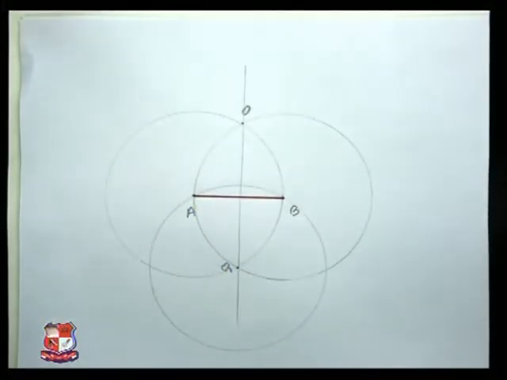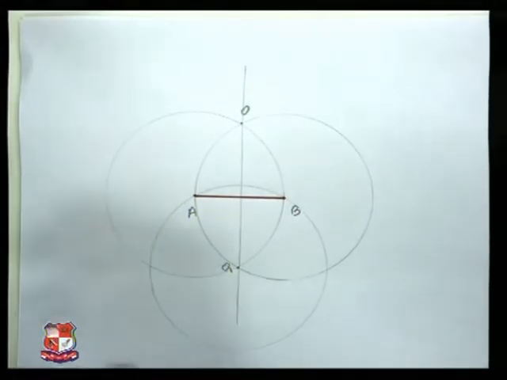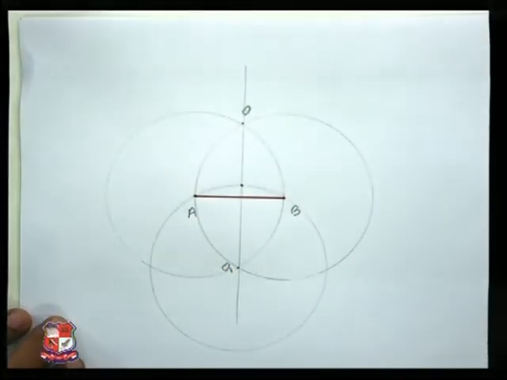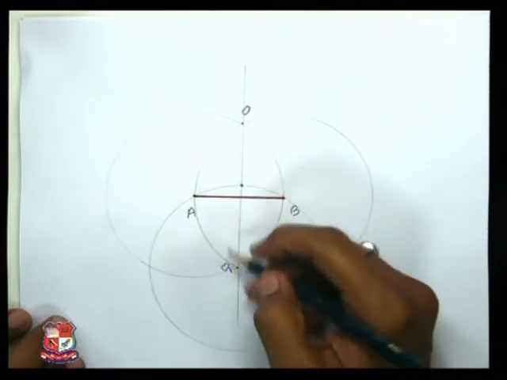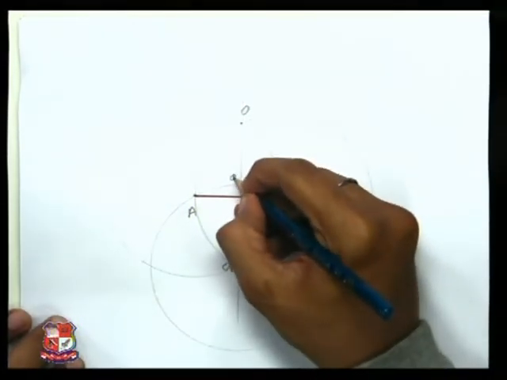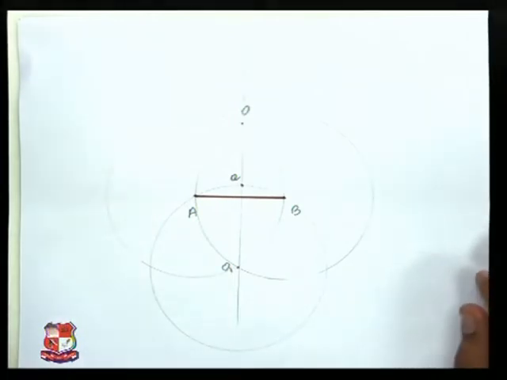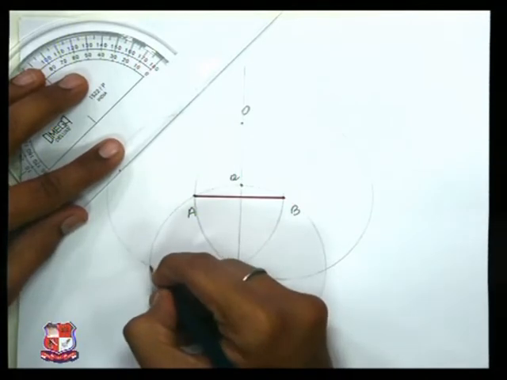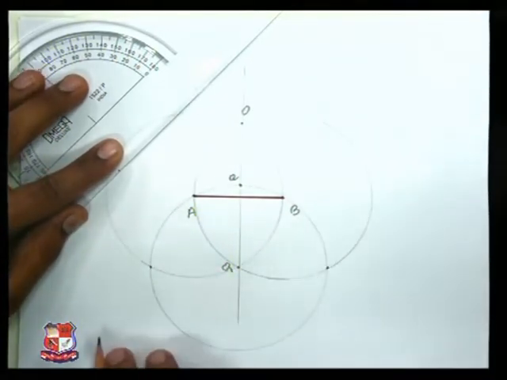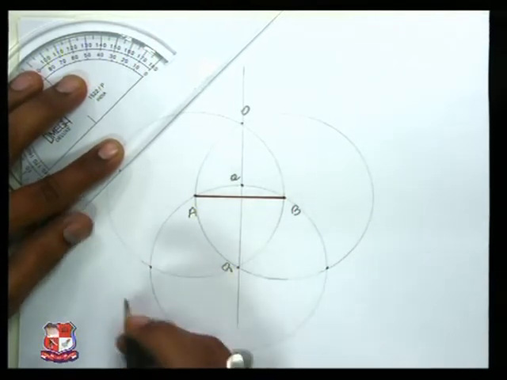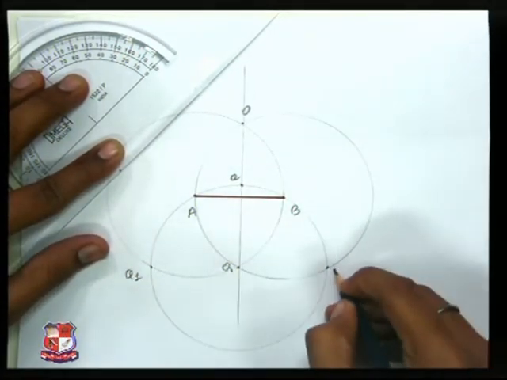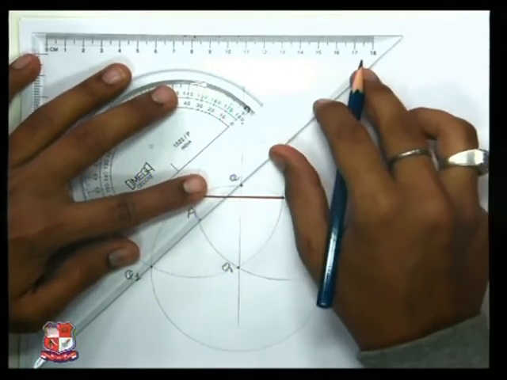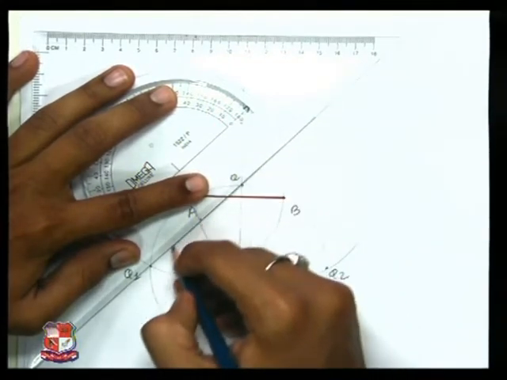Now let's consider the third circle which intersects with the OO1 line as Q. And the points where the third circle intersects the first circle and second circle are Q1 and Q2. Join Q1 and extend it.